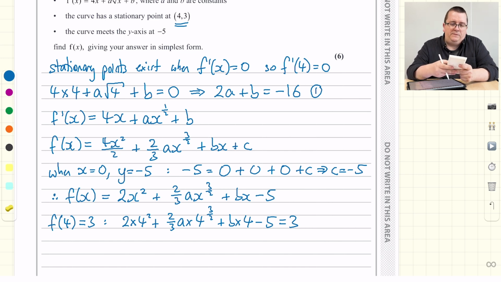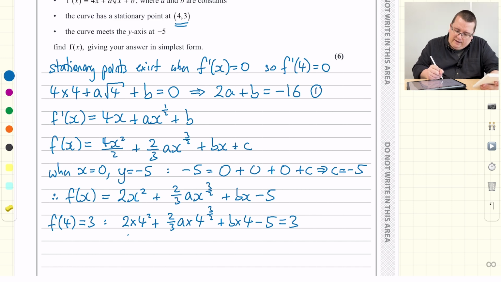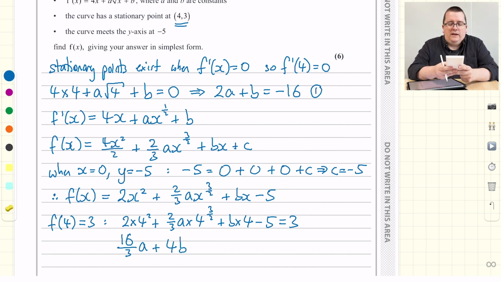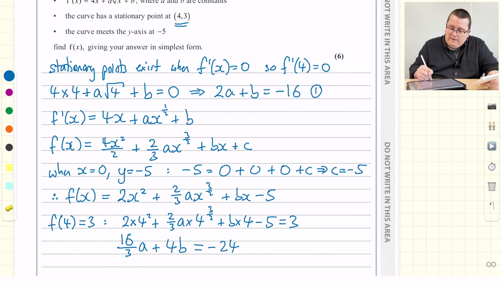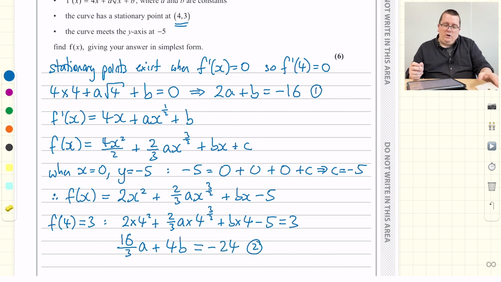Let's deal with that first. That's 16/3 a plus 4b. Then 2 lots of 4 squared. Take away 5 is 27. Take it over to the other side, so 3 take away 27 is minus 24.